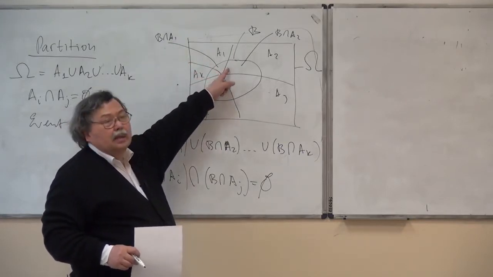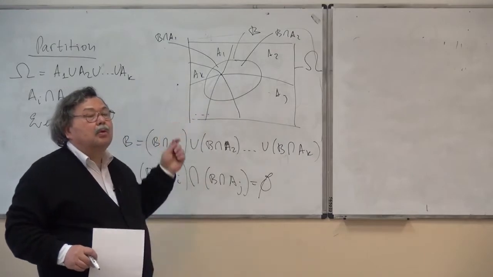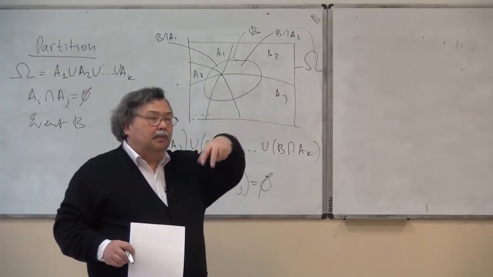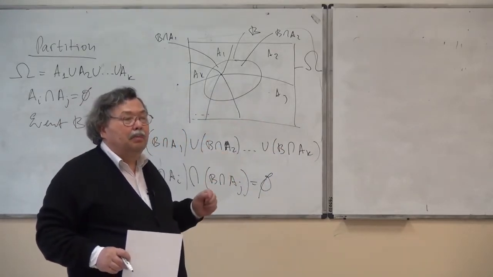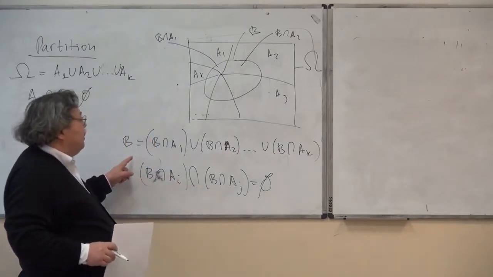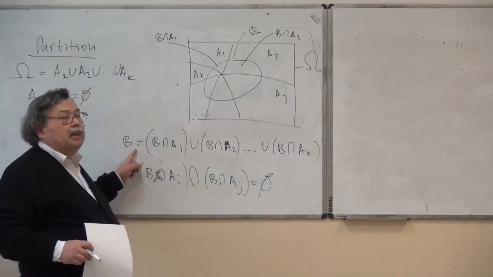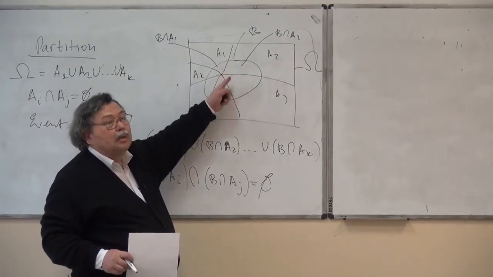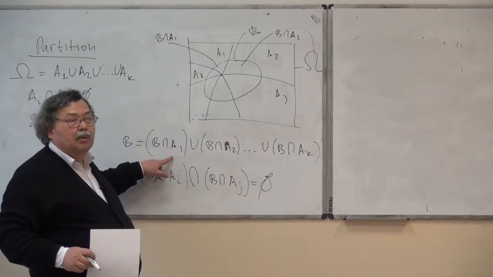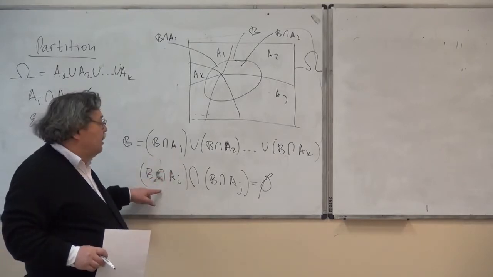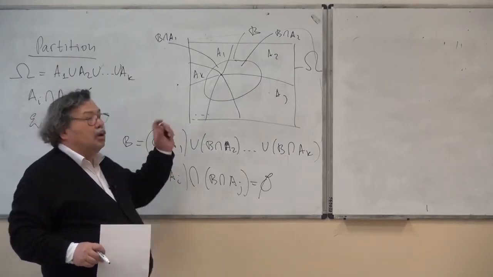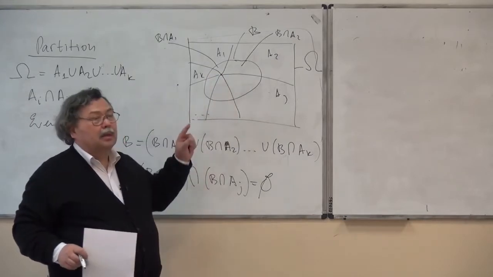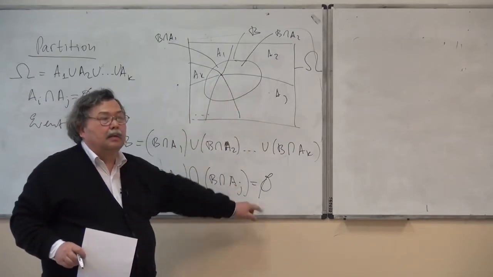This is B intersect A2, and so on. They are all mutually exclusive, and put together they form B. And this is exactly what's written here. B can be presented as B intersect A1 union B intersect A2, and so on. This is formula number 1 here. And this one tells us that the intersection of any two of these pieces is null. Okay?